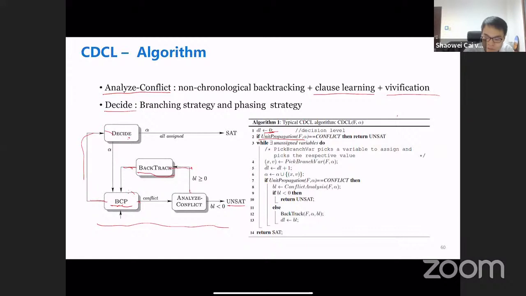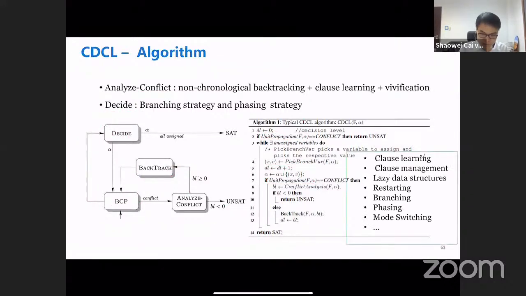In each level, we pick a variable and its value to branch, and then we do unit propagation. If this leads to a conflict, we do conflict analysis, then backtrack and continue.